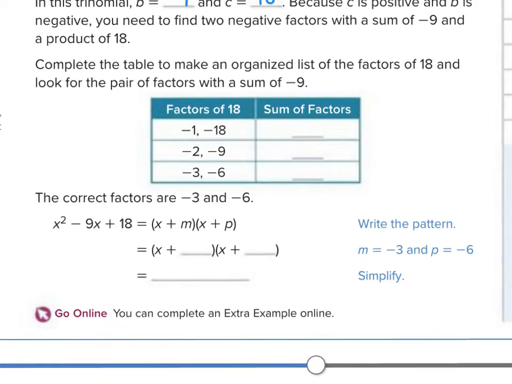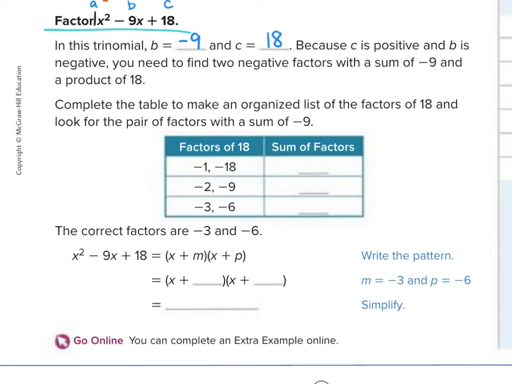Here's the key. They made a table. We do it a little bit differently, but it's the same idea. What we are trying to do is find 2 factors, or 2 numbers, that have a sum of negative 9. Here's how I set it up: it's an X. Draw a big X here. We're going to have space to write in it.